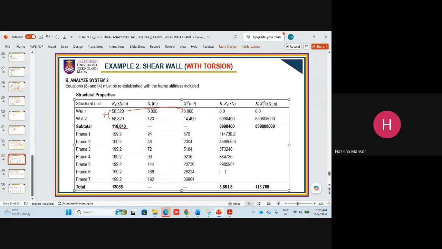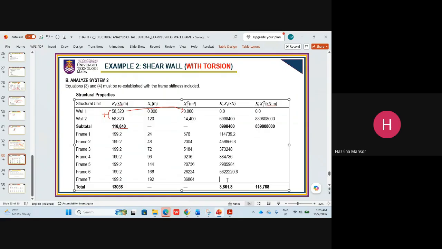Here you get 199.2 times 28224. So here is 5,622,220.8.